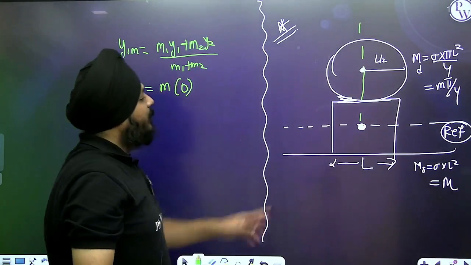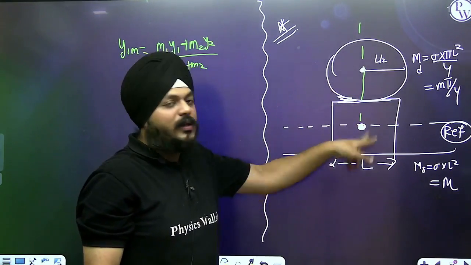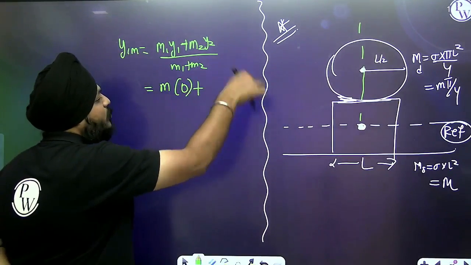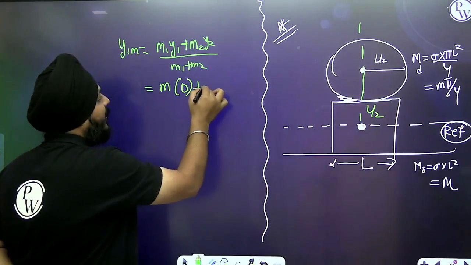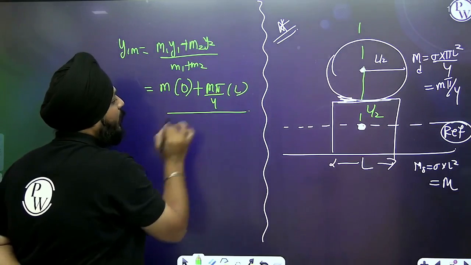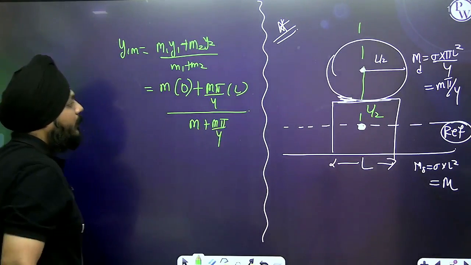Distance y1, the center of mass of the first continuous body with respect to the reference, is 0. Plus the mass of the second, m pi by 4, into L by 2 plus L by 2, so that is L, whole divided by m plus m pi by 4.